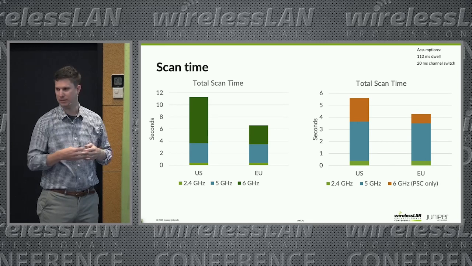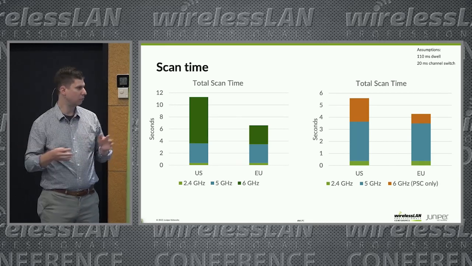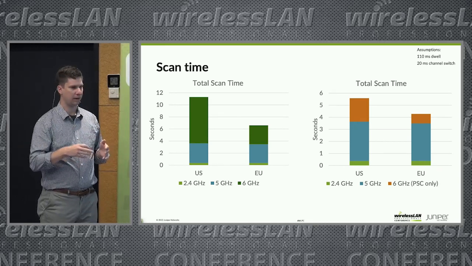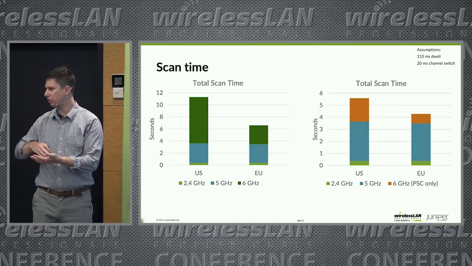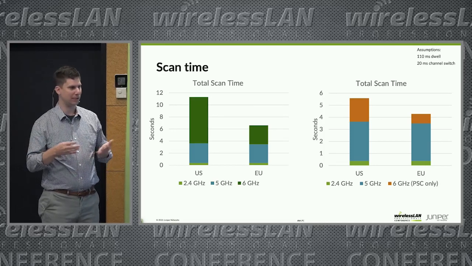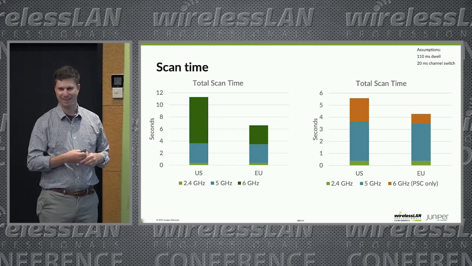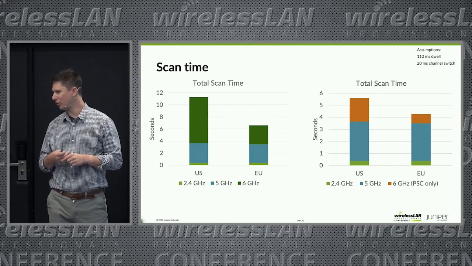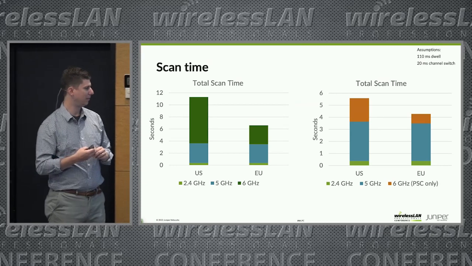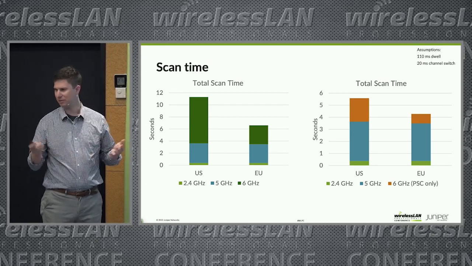If we exclude the non-PSCs and only scan PSCs, that drops to about 4 seconds across all the bands. But 4 seconds is a long time. That's too long. Every time that you roam, you'd have something noticeable.